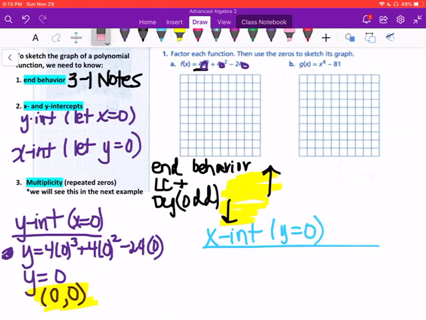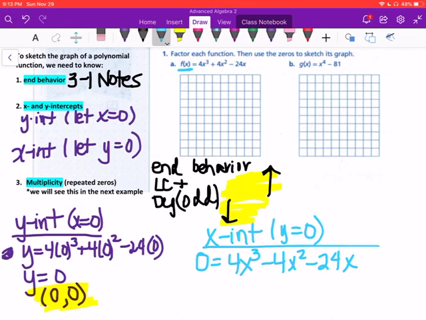So let's erase that so I can see the problem better. The y is the f of x, so I will say 0 equals 4x cubed plus 4x squared minus 24x. And I need to solve for x.